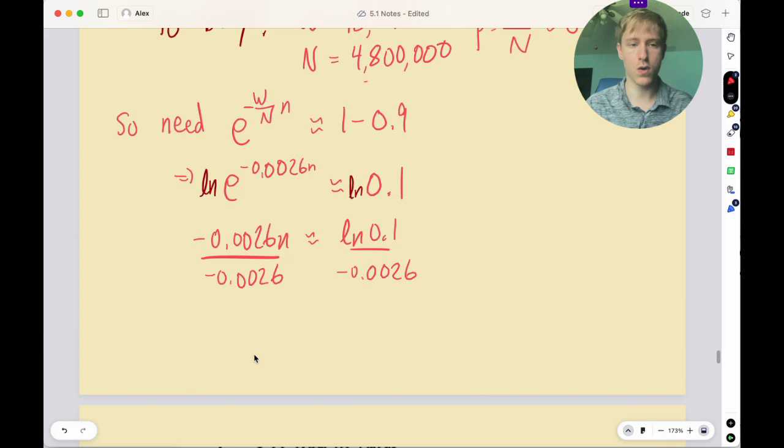Okay, so the number of tickets that we need to buy is the natural log of 0.1 divided by minus 0.0026, which gives us approximately, if you round, about 886 tickets.